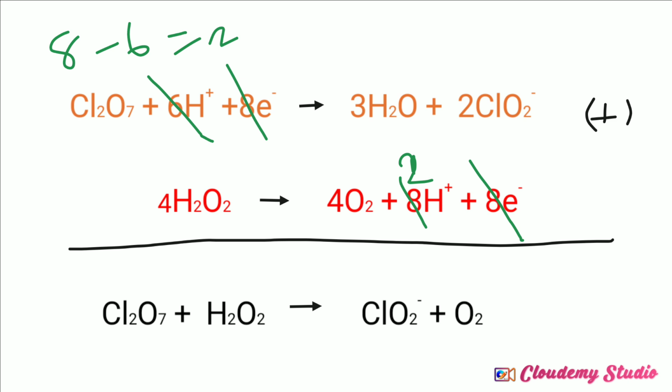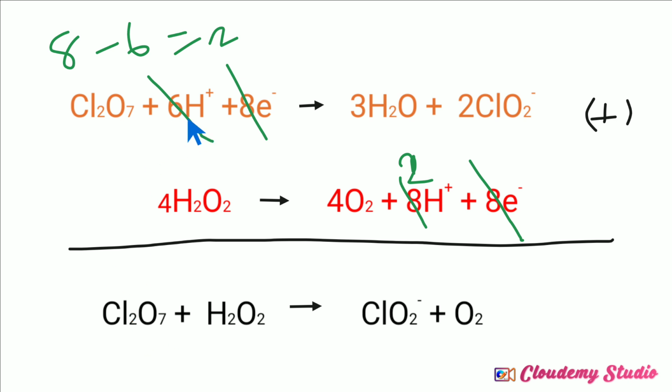Any other species can we cancel? No, that's all. Remaining, the reactants we need to add together, both the equations' reactants, and both the equations' products we need to add together. Accordingly, what are the reactants left out? Cl2O7, that was written here.